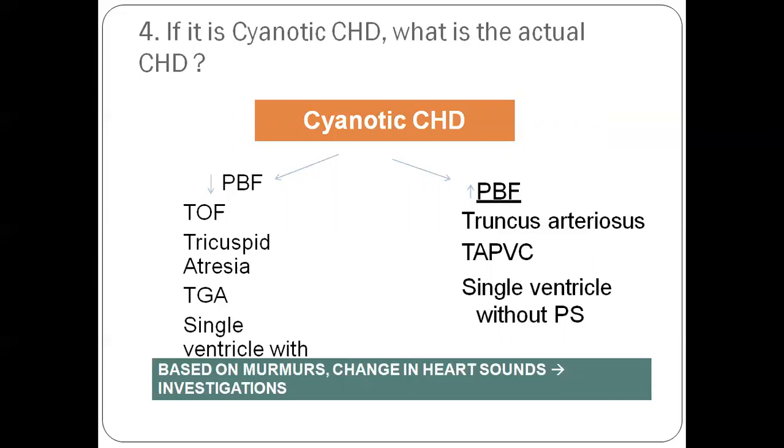The causes are tetralogy of Fallot, tricuspid atresia, and transposition of great arteries, that is TGA, or single ventricle with pulmonary stenosis. The second type is increased pulmonary blood flow, meaning truncus arteriosus and single ventricle without pulmonary stenosis. It is all based on murmur sound, changes in heart sounds, and further investigations.